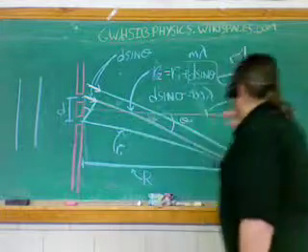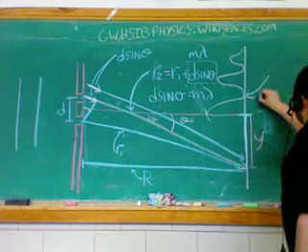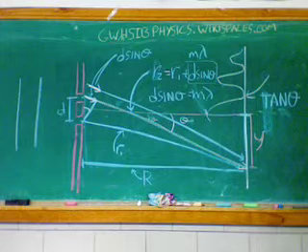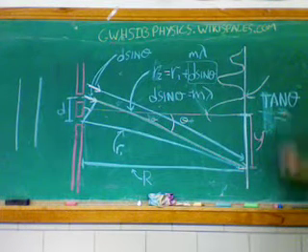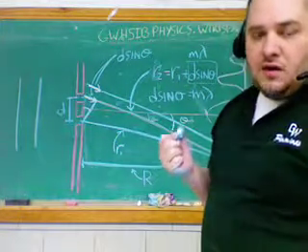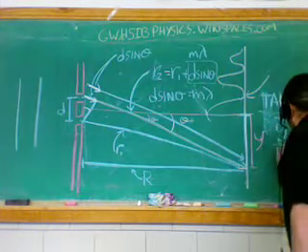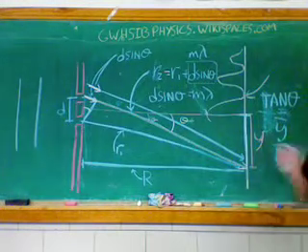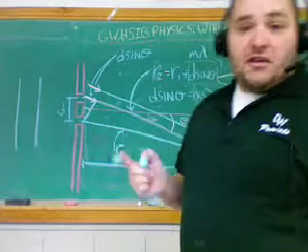This angle over here, so tan theta is equal to opposite over adjacent, which is y over r, not that r, that r.